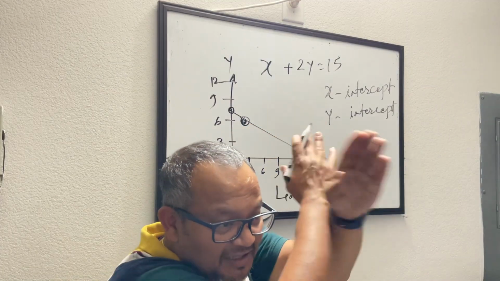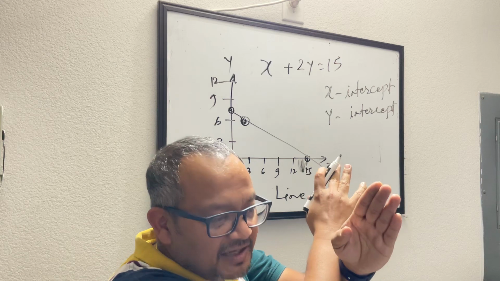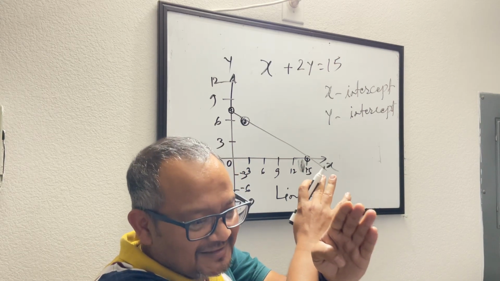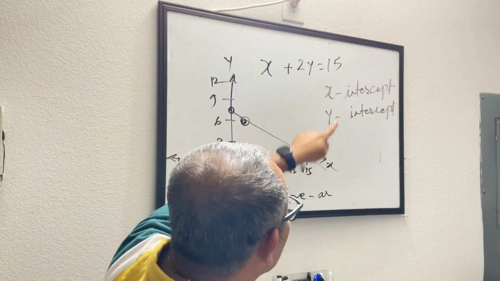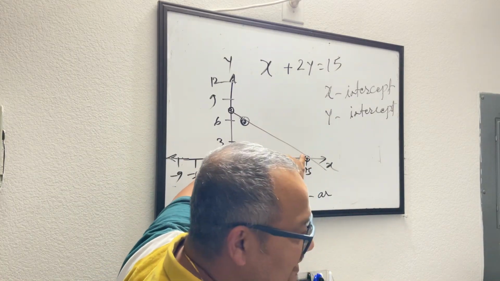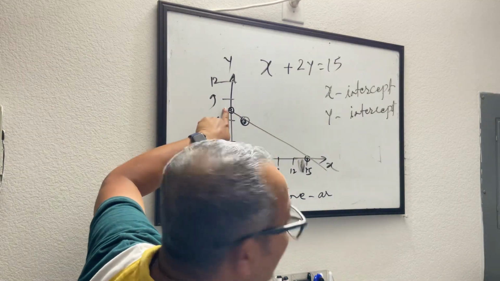What do you mean by intercept? Intercept and intersect are the same thing. What is the x-intercept? Meaning where it intersects the x-axis. Y-intercept, meaning where it touches the y-axis.